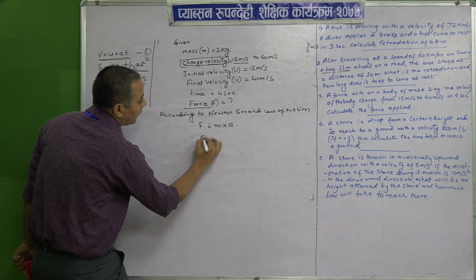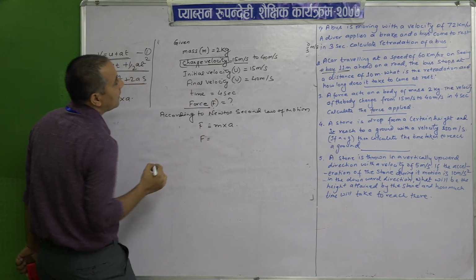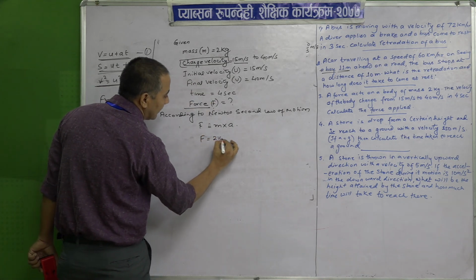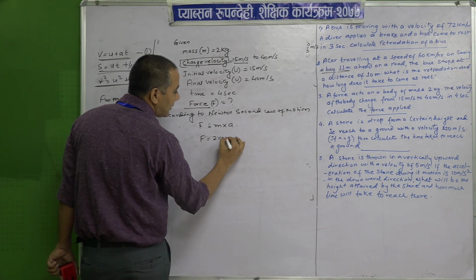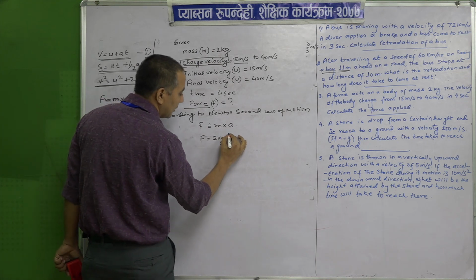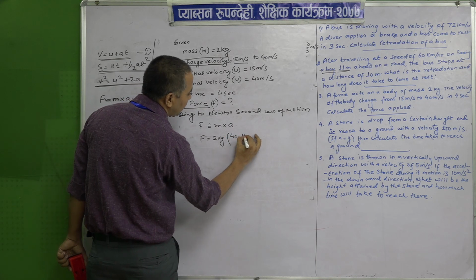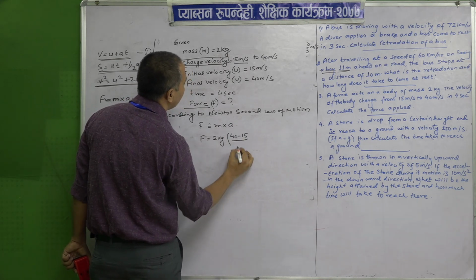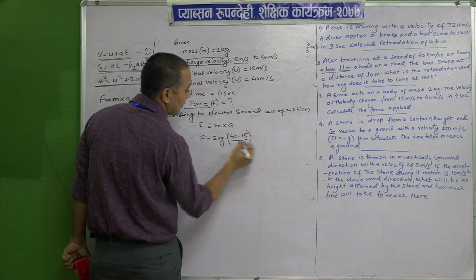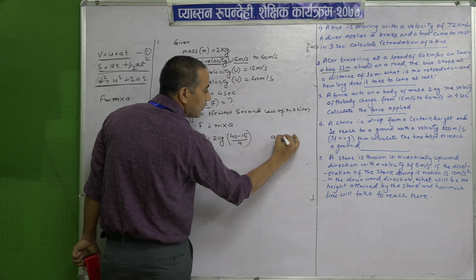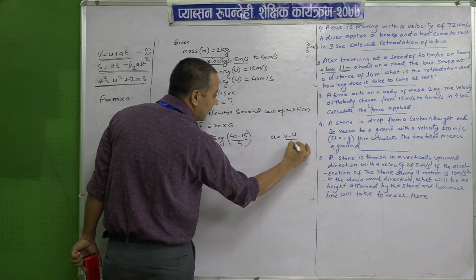For F, mass is given as 2 kg, and acceleration is (40 minus 15) upon t, which is 4. Do you know this formula? v minus u upon t.